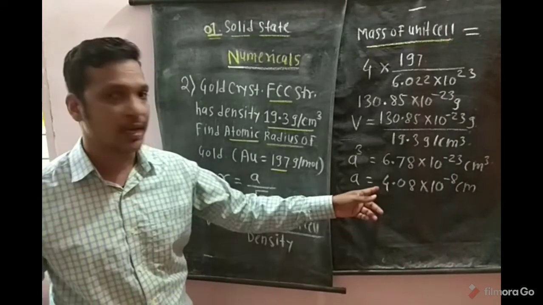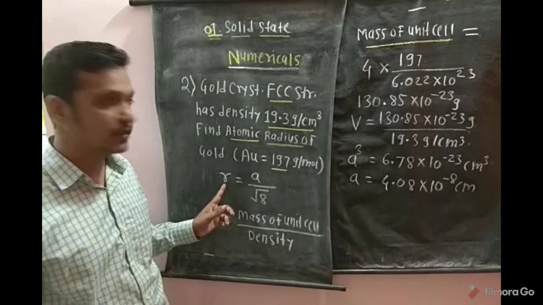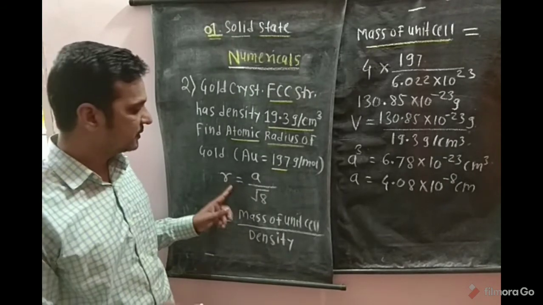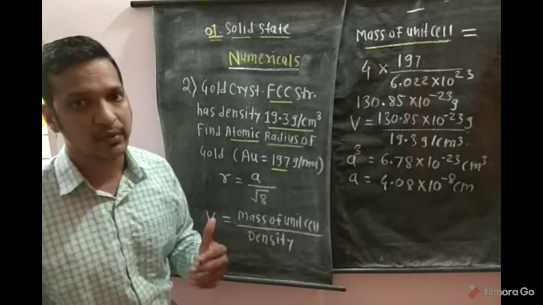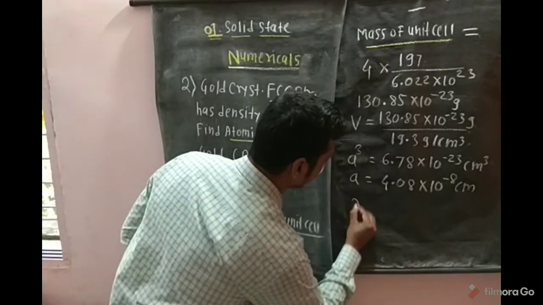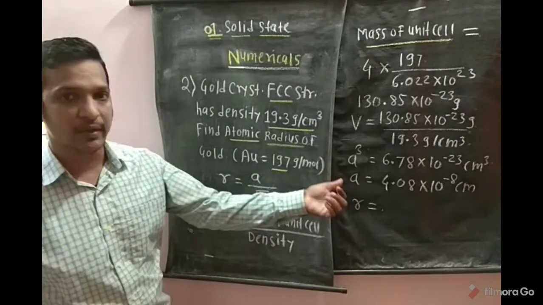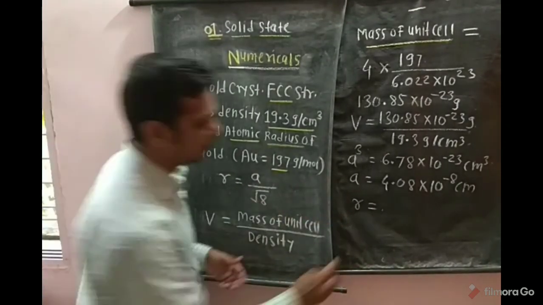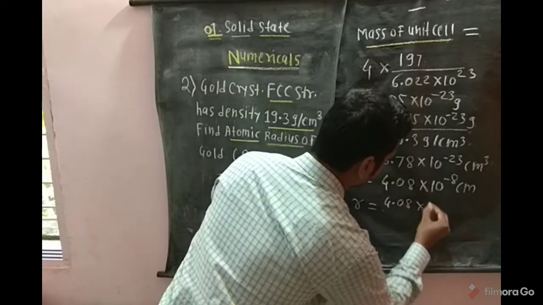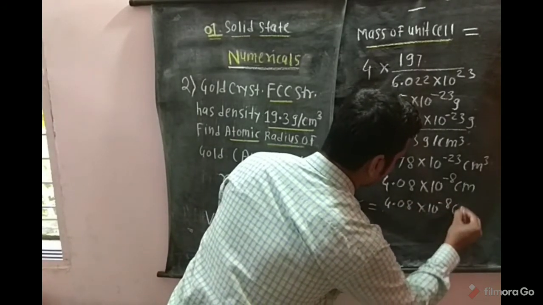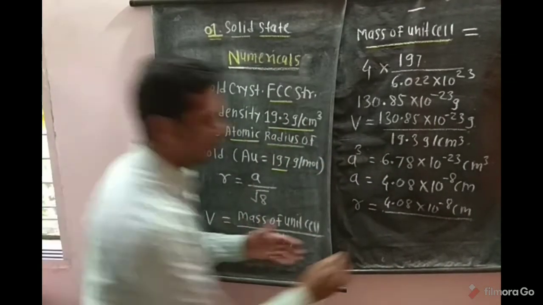Now I'm substituting this value in the formula for the calculation of the radius of gold. So R, the radius of gold, is equal to A divided by root 8. A we got here: A is equal to 4.08 into 10 raised to minus 8 centimeter, divided by root 8.